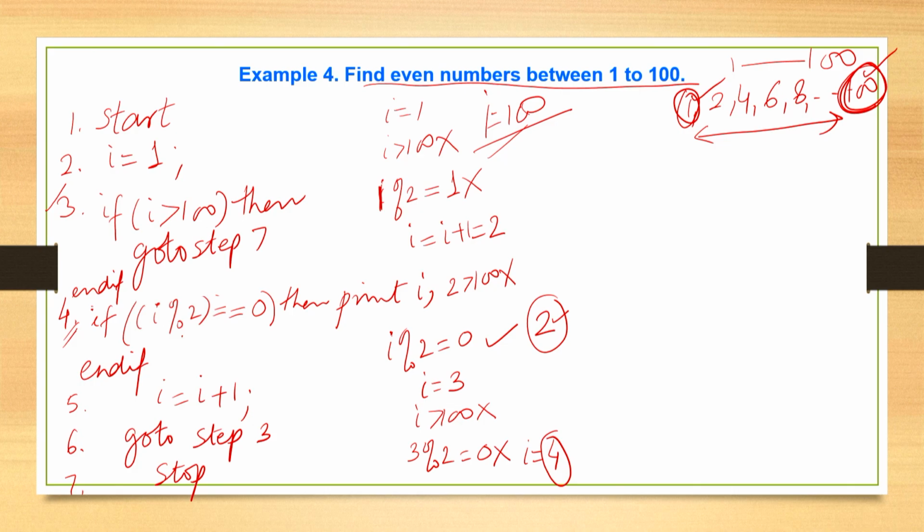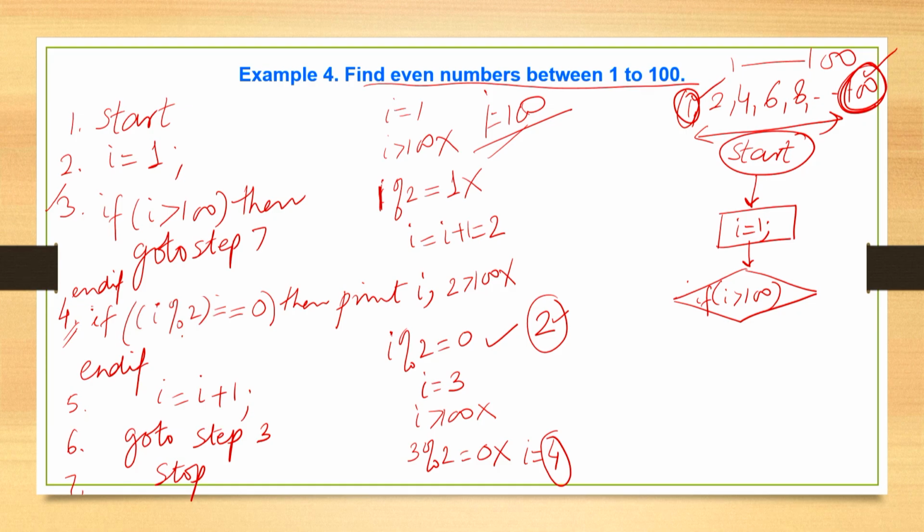Let's draw the flow chart of it. So first one is start. Then I assign the value 1 to variable I. Then check if I is greater than 100.